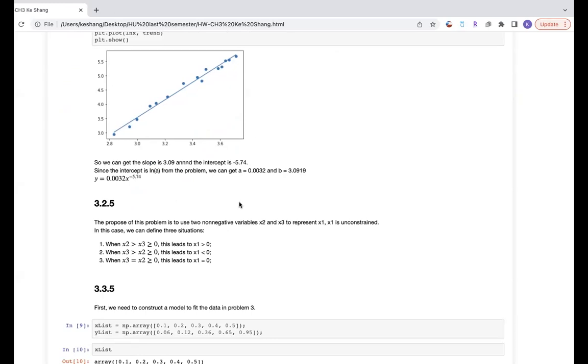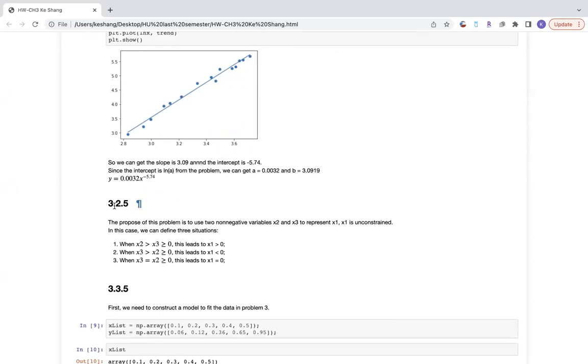Okay, let's talk about the second problem from chapter 3.2, question number 5. Let me pull up the problem. It supposes the variable x1 can assume any real value.